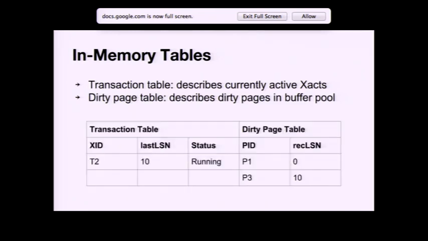In the previous example, we saw that we had 2 transactions, T1 and T2. But T1 committed. That means it's not actually running anymore. So we only have T2 in this transaction table. The last LSN that it had was 10. Last LSN is just the last point at which it made some sort of action in the log. And the status is running.